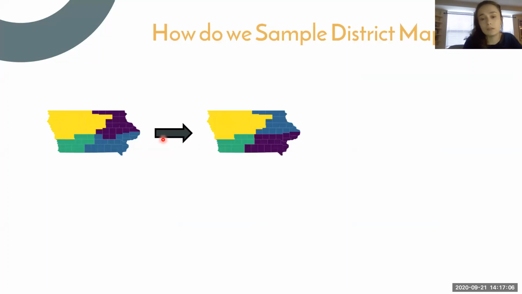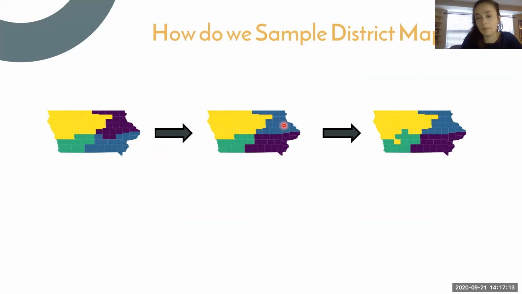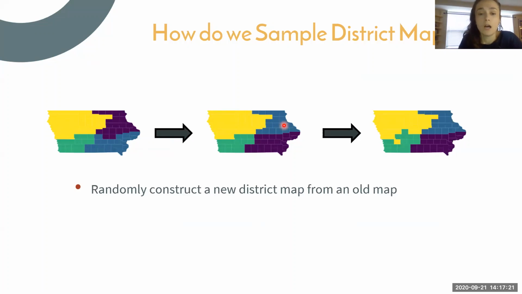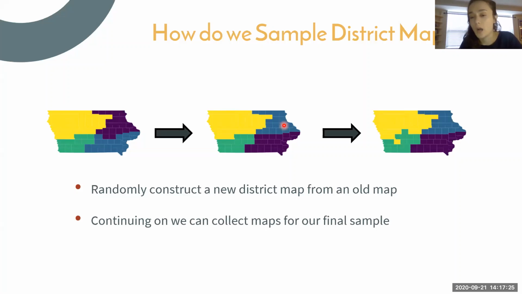We can take 2 of the districts, the right 2 here, and reconfigure them. We can do that again, and we can keep making one new map after another based on the old map, and make this chain of maps as we go. We can randomly construct a new district map from an old one, and continuing in this way, we can collect maps into our big random sample of maps as we go.